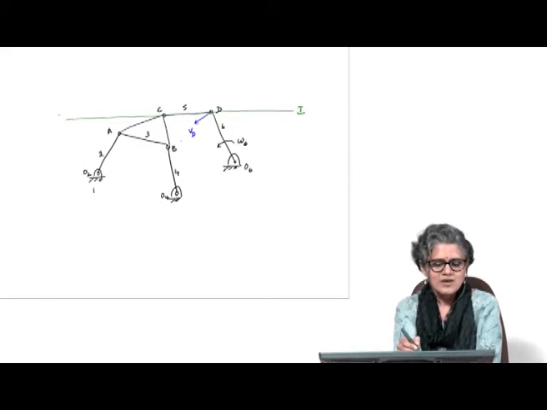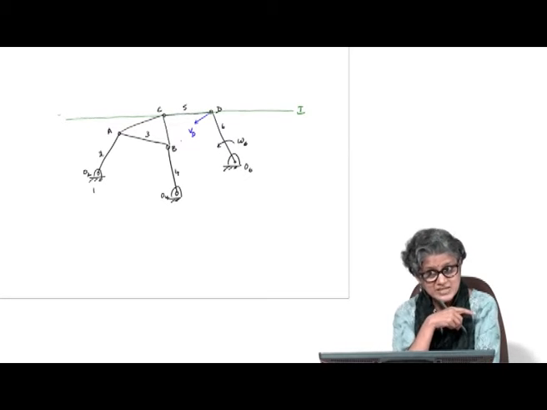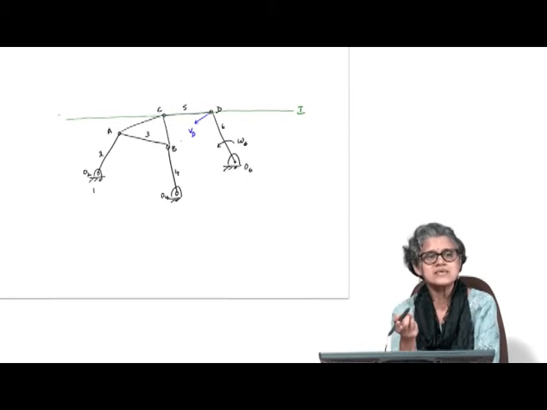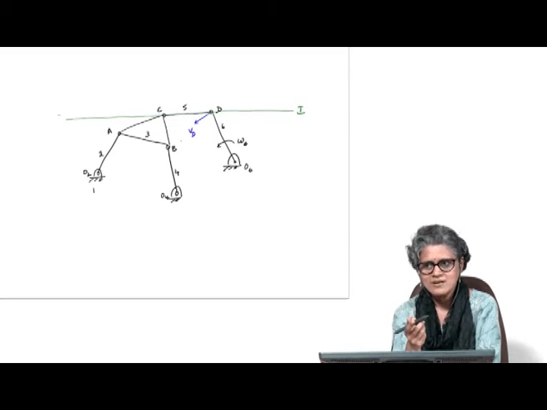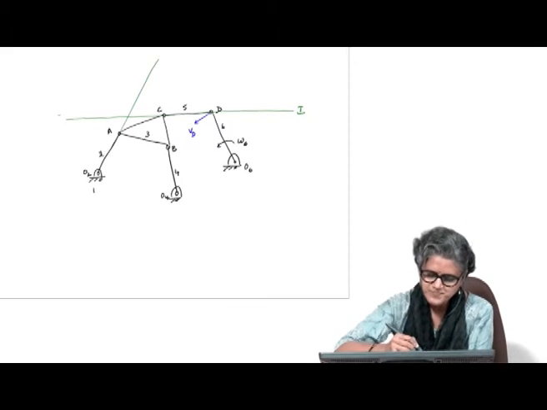Because for A and for B, the velocities are necessarily perpendicular to those two, which means that the component transmitted along the link is 0. So I do know something about the velocity that's transmitted through the motion transfer points.